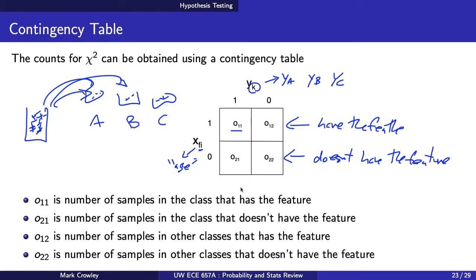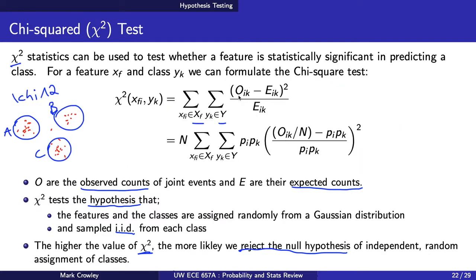And then this is whether it's in the class or not in the class. Right, so we're counting, this is all the situations that occur. So that's our O that we're going to use here. So how many times did it show up for various different features? And we're going to sum over all the different features and classes, but get the statistic for each one.